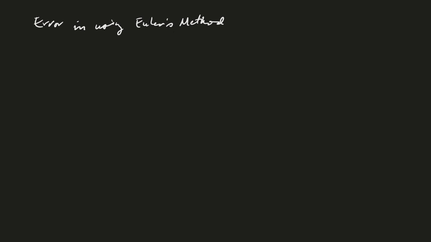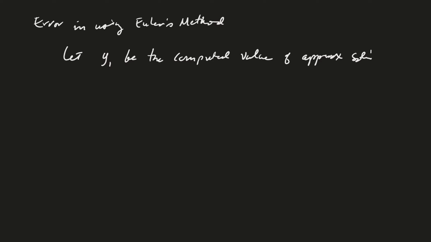First off, I'm going to let y1 be the computed value of our approximate solution, using the Euler's method after one time step. And then I'm going to let y of t be the actual solution.